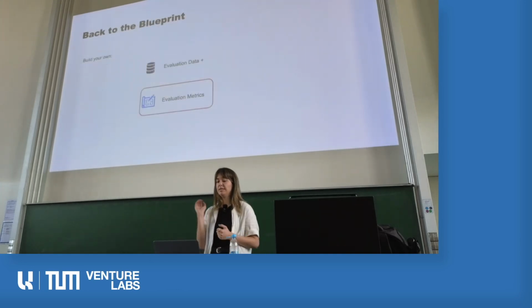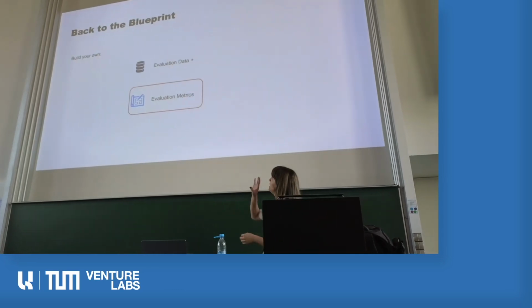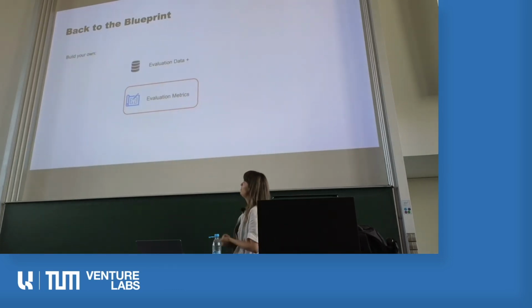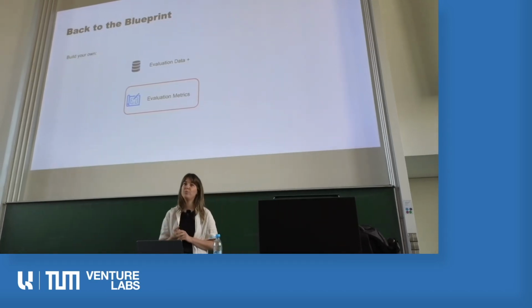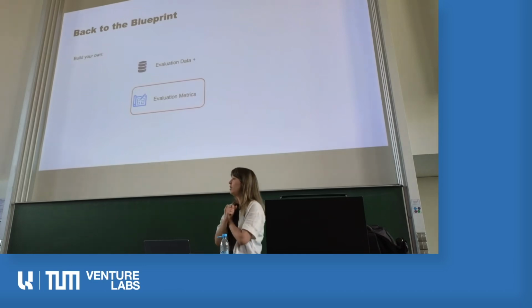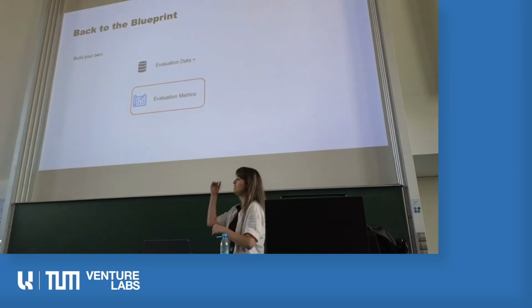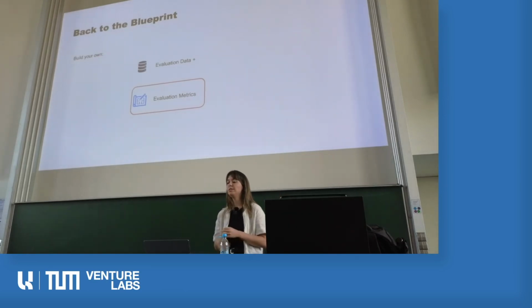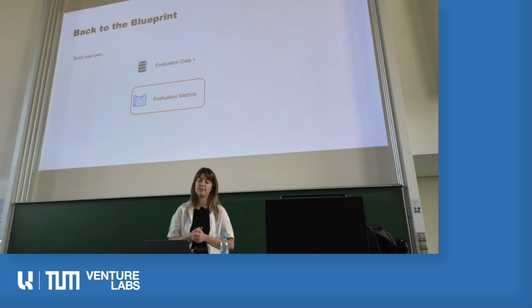And back to the blueprint. So again, evaluation data, evaluation metrics. Now we have in our minds what it entails to build an evaluation data set: as I said, hard examples need to be in your database, and there is this input data model that you want to include in your data set.